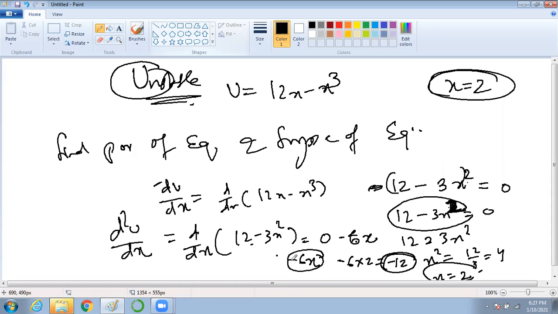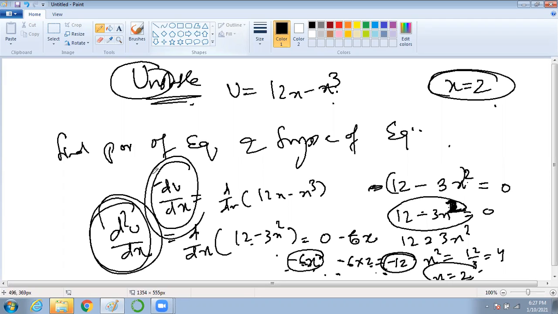Here we did not get the value, so what you should do? You should put the value of 2 here. Then only you'll get 12. Previously you got the value because it was x square. Here we have x cube. So first gave x square, second gave x, and then you put the value of 2, you get minus 12. So minus 12 tells whether it is stable, unstable or neutral.